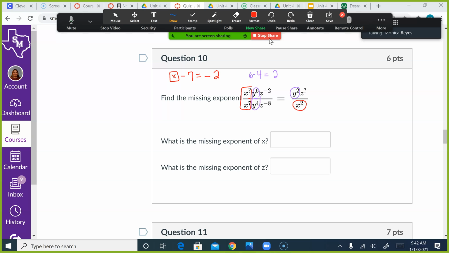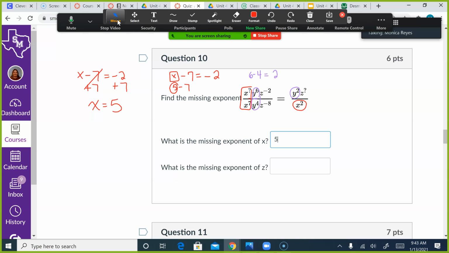If we make this x minus 7 equals negative 2, and then we can just solve for x by adding 7. Sometimes you can just figure it out by guessing and checking, but if you can't, just make that missing number an x and solve just like we normally do. So negative 2 plus 7 makes 5. So 5 minus 7 gives us negative 2. So the missing number on the x is a 5.